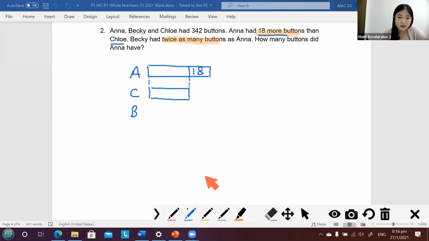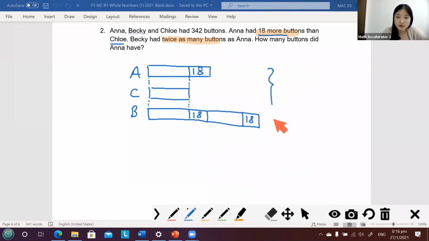Alright, let's take a look. Becky is twice of Anna. So this is Anna with the 18 here. She's twice, so you must draw another Anna here. You can draw on top of Anna, whichever way you prefer.